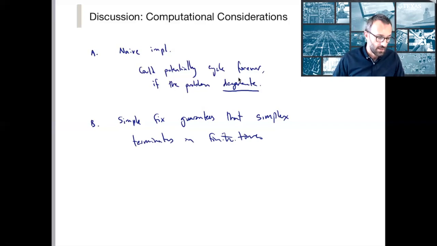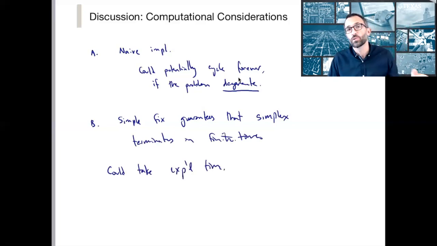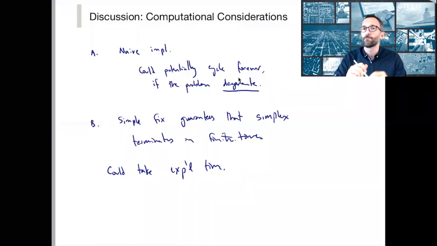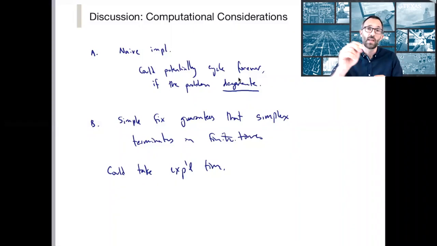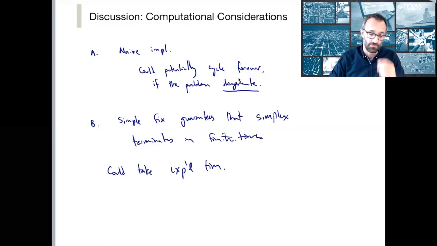On the other hand, this could take exponential time. Exponential, again, in the description of the problem. As we said, the cube has just 2n constraints, but 2 to the n corner points, and it is possible to arrange it just so, to choose an objective function and choose the corners of the cube, position them in such a way that a simplex algorithm with a particular tie-breaking rule will visit exponentially many corners, always improving until it gets to the optimal solution.